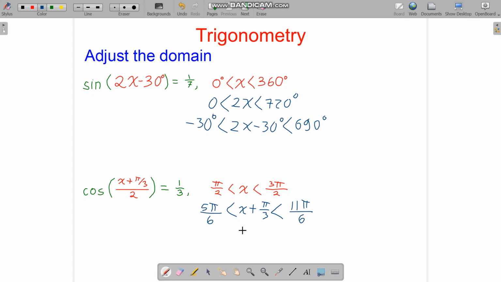And then we divide by 2, so x plus pi over 3 all over 2 is therefore between 5 pi over 12 and 11 pi over 12. So that's called adjusting the domain so that it fits the angle we are working on.